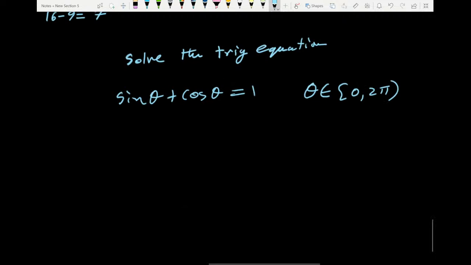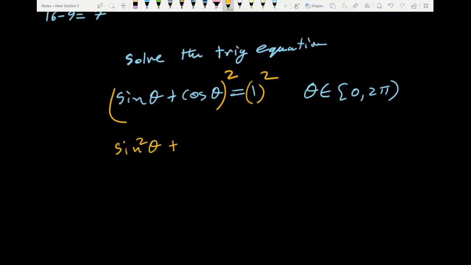So how do we go about doing that? Well, we can't do anything. We could only deal with it if I have sine square or cosine square. So if I square both sides, I get sine square of theta plus 2 sine of theta cosine of theta plus cosine square of theta equal 1.